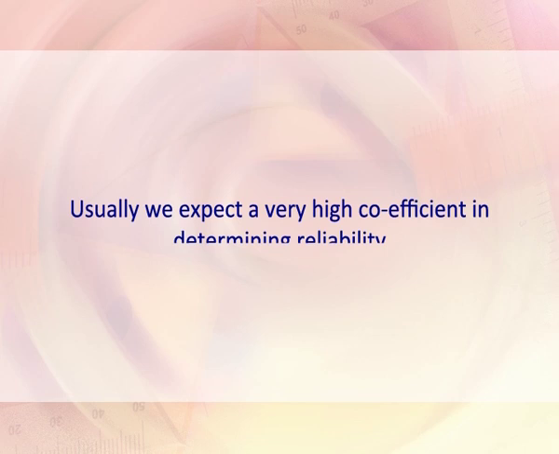The final format of the test is ready after the first administration. Now again, it is administered on a new sample so that reliability coefficient may be calculated. For this purpose, the size of the sample should not be less than 100. Usually, we expect a very high coefficient in determining reliability.